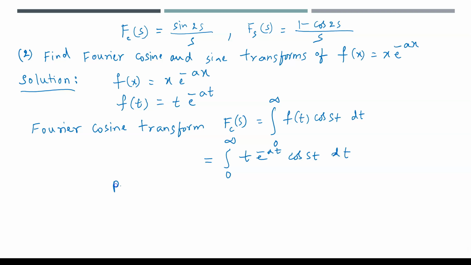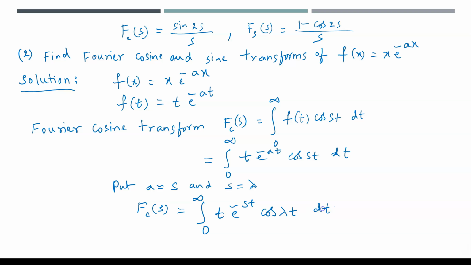Now let us put a equal to s and s equal to lambda. Then this integral becomes Fc(s) equal to integral 0 to infinity t into e power minus st cos lambda t dt. Now we write this e power minus st outside, within the integrand only.